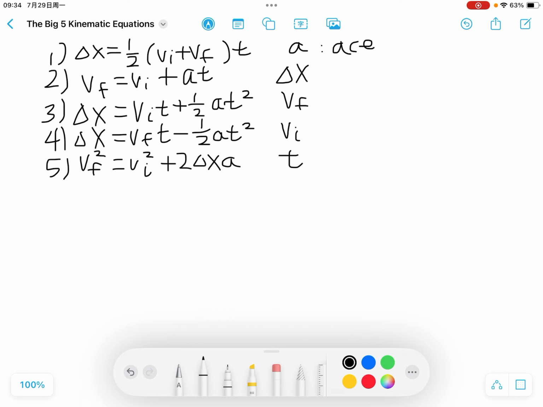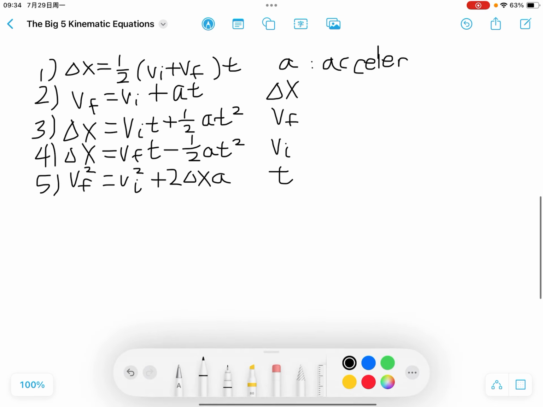So a is going to be acceleration, and acceleration is basically the rate of change in velocity. So how fast my velocity changes, and velocity is basically speed with direction. So speed is 5 meters per second. Velocity is 5 meters per second to the east, or to the north, or to the south, or in the x direction.